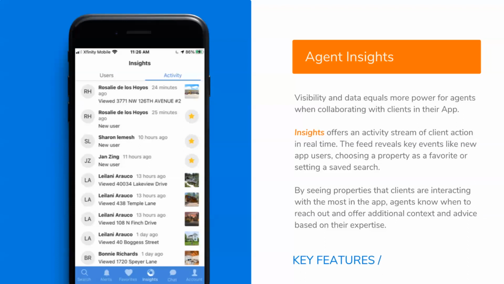Like I mentioned, that information coming in, we're calling it Agent Insights. Basically, it's going to show you every data point the app has, and we try to aggregate it in a way that's helpful to you. If you have activity from a certain client and you want to go in, you can analyze what they're doing, like what they're looking at, when they're looking at it, and how active they are on the app. You'll also have an activity stream.